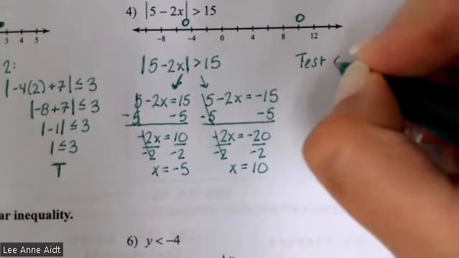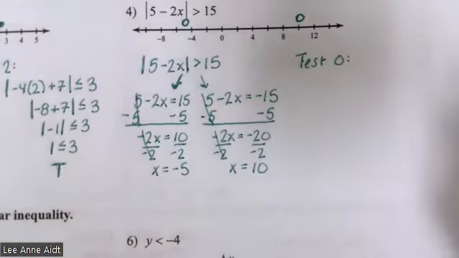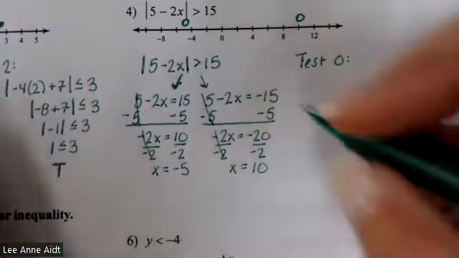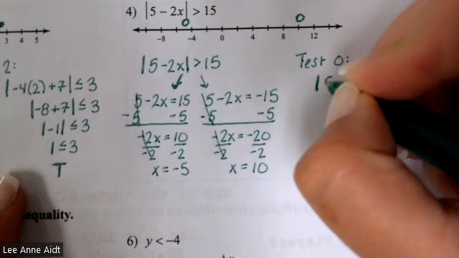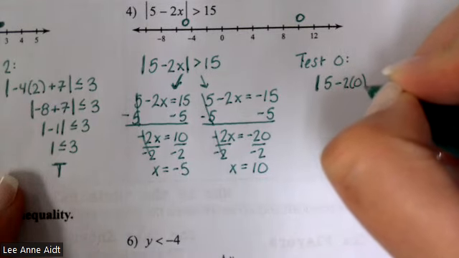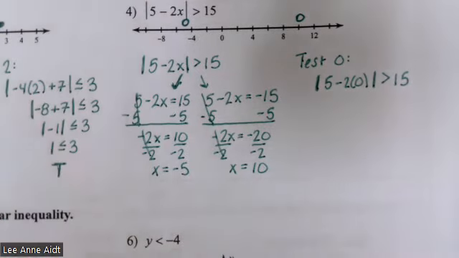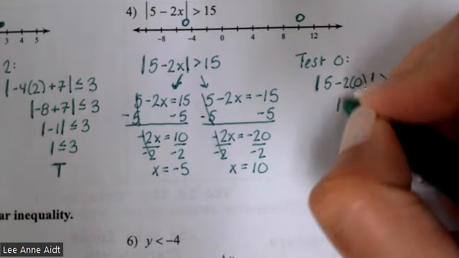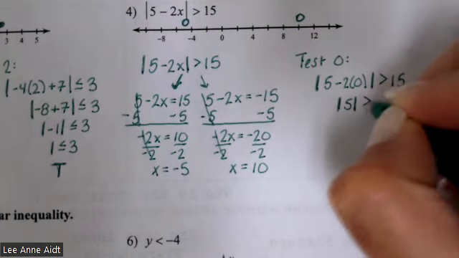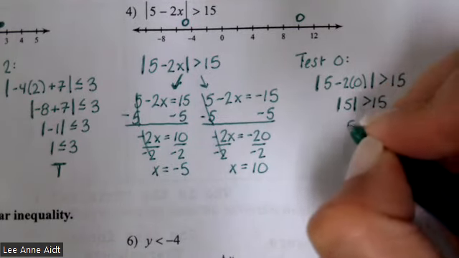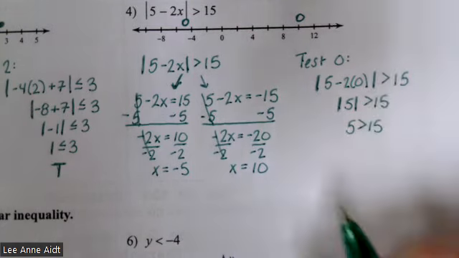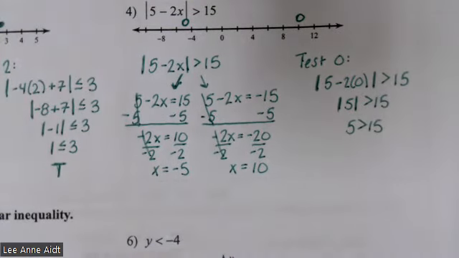But you can test anything you like that's between the two, but 0 is the easiest in this one. Remember, absolute value makes things positive. If it's positive, it just stays positive.